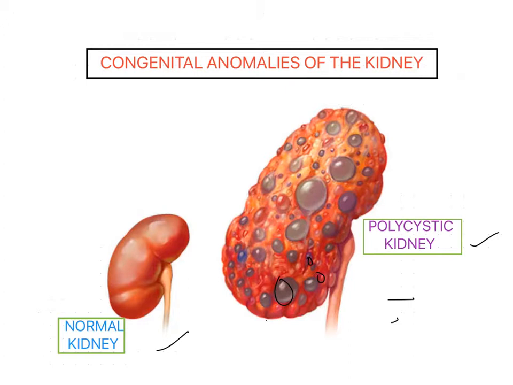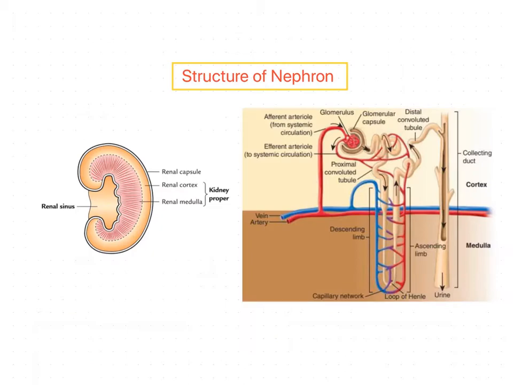So the polycystic kidney is a developmental disorder which occurs in the nephron structure. As we all know, the kidney consists of an outer cortex called the renal cortex and the inner medulla.